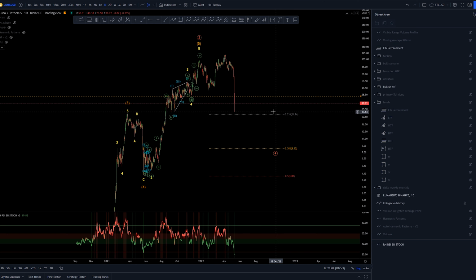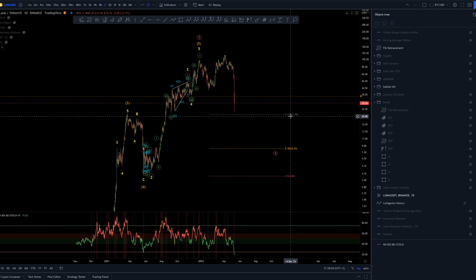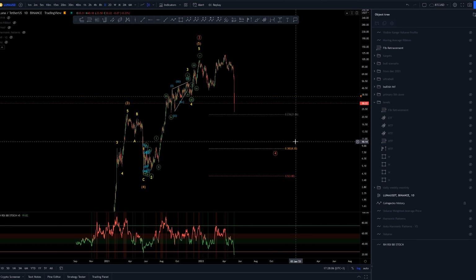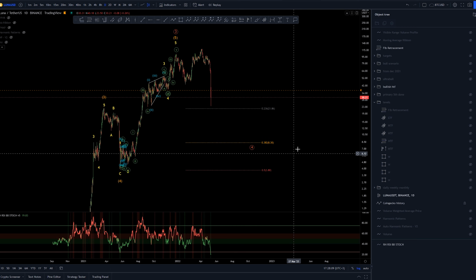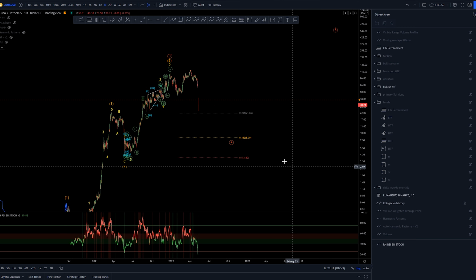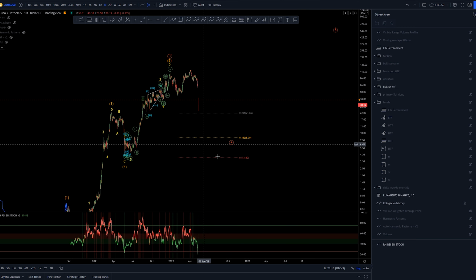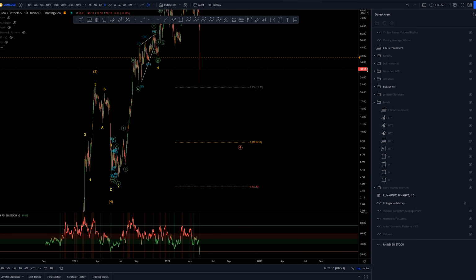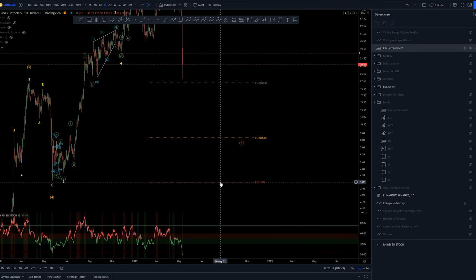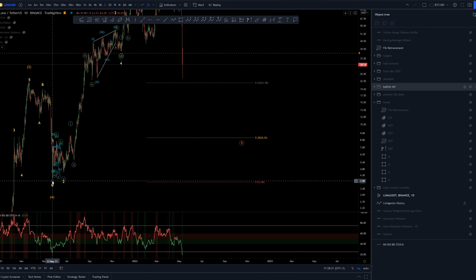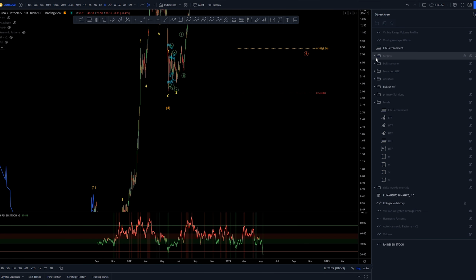This lines up pretty well with the targets of 23.6 and the 38.2 retracement as well, for the third wave, for the wave 3. Now if we actually get past this 50% retracement, we have gone below the last line of support basically here at around $3.90.